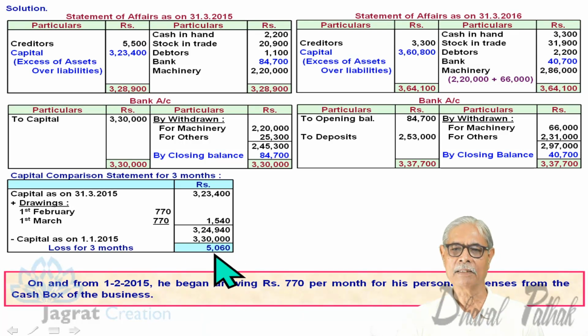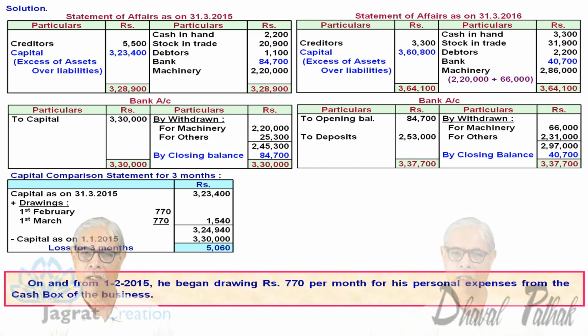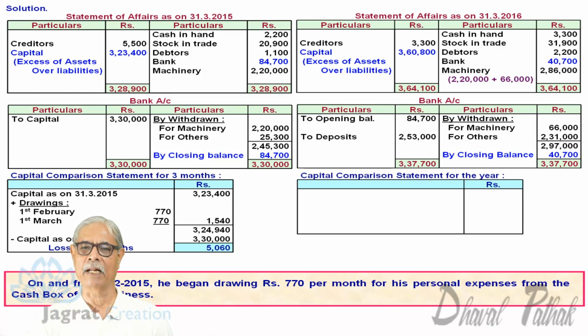By the same method, I want to find out the profit for the year ended on 31/3/2016. Here I prepare a capital comparison statement. Closing capital, that is capital as on 31/3/2016, 3,60,800.